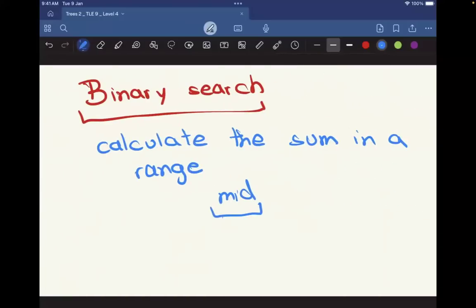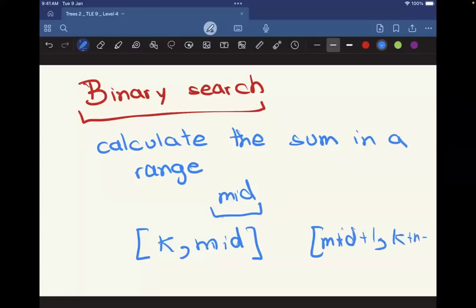Then I want to calculate the sum from k to mid. And I want to calculate the sum from mid plus 1 to k plus n minus 1. Yes or no? These are the two things I want to calculate. Okay. Now, how do I do this?